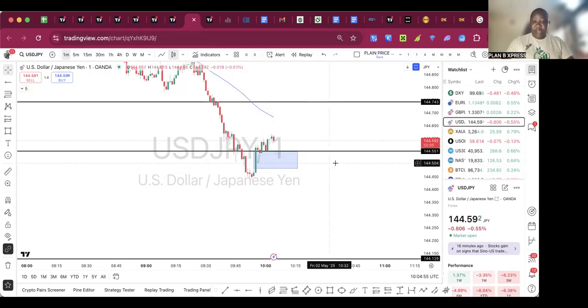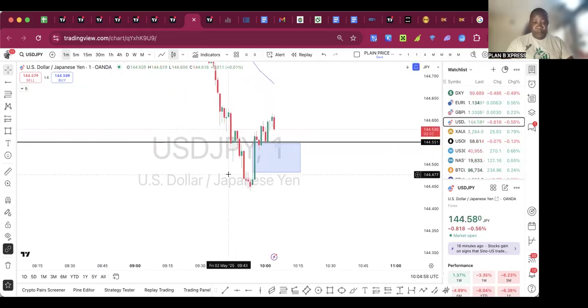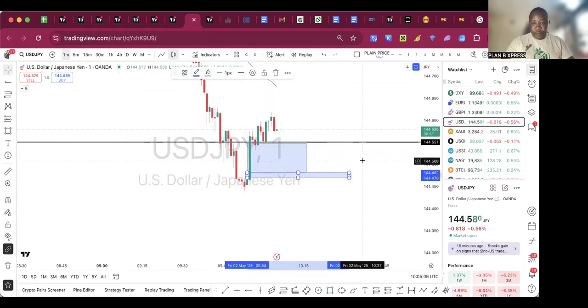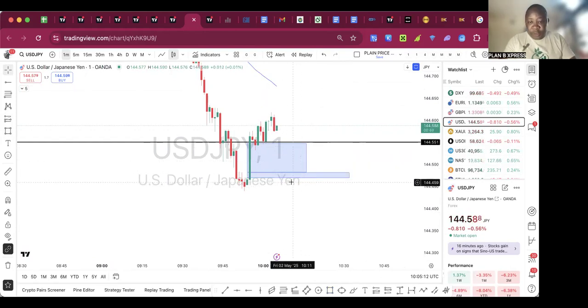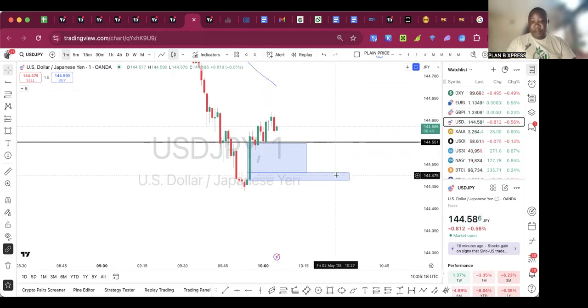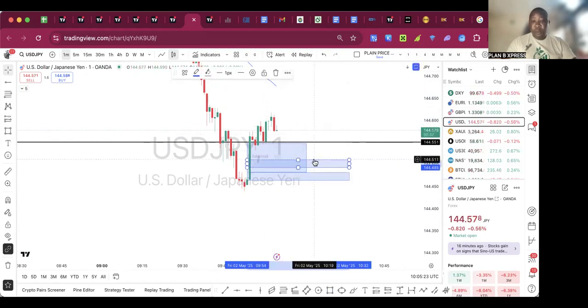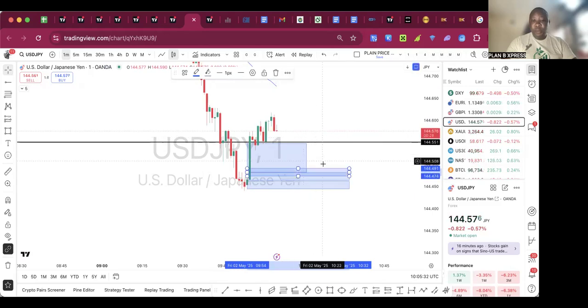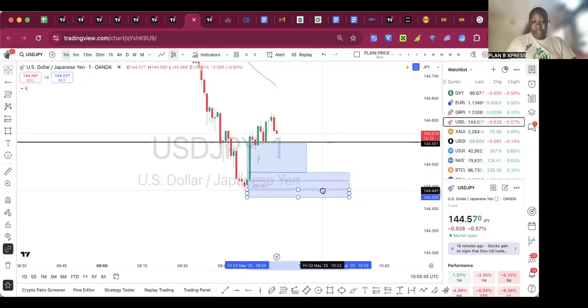And so if the market returns to this area, and I use my style of entry, it will be here. Let's take it this way. This is 1, this is 2, and this is 3.